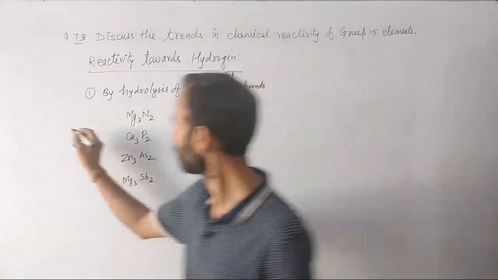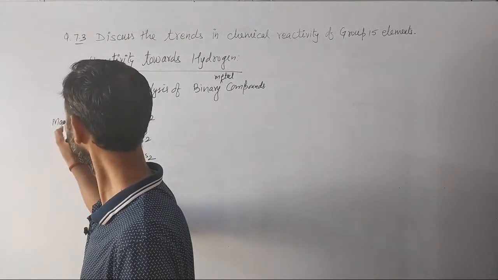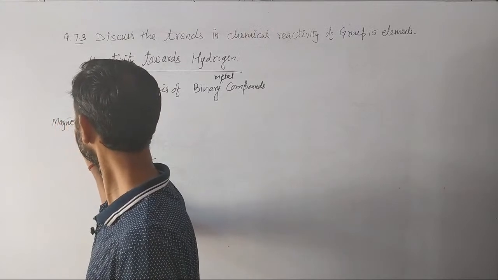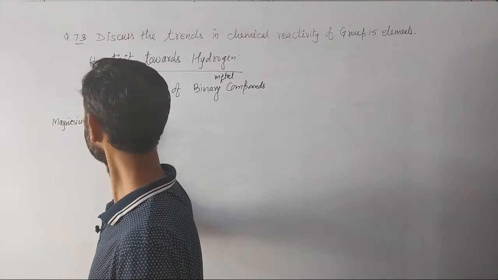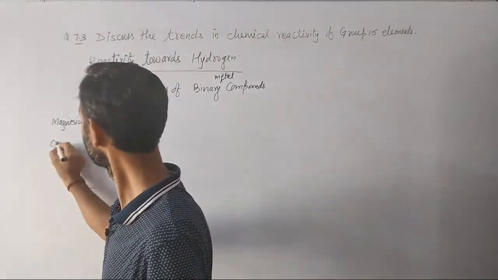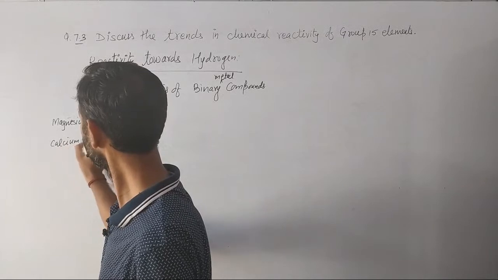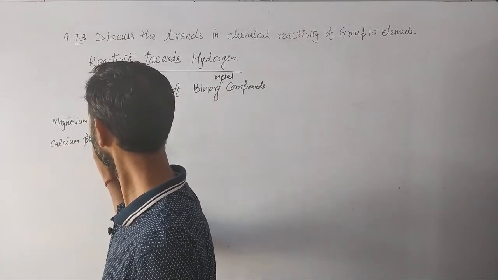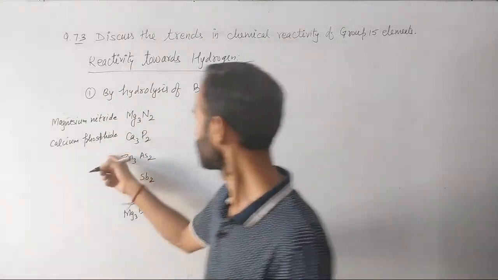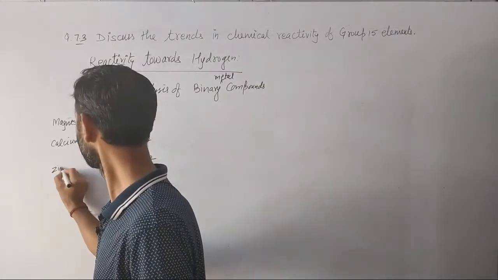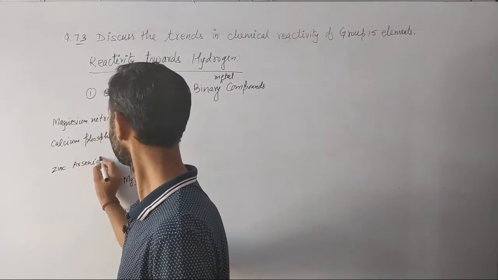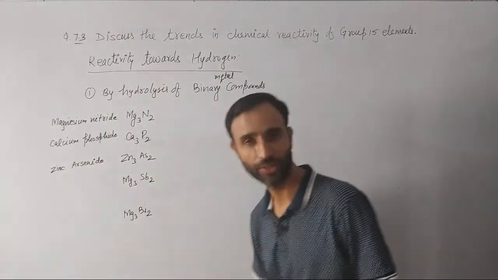I will write their names. Magnesium nitride. This is calcium phosphide. This one is zinc arsenide.